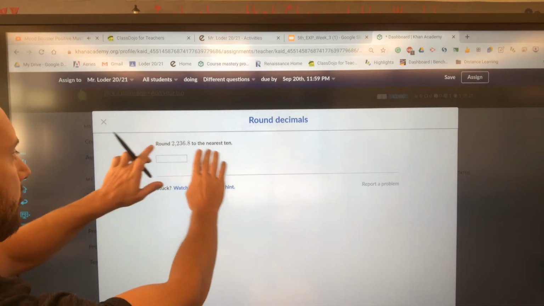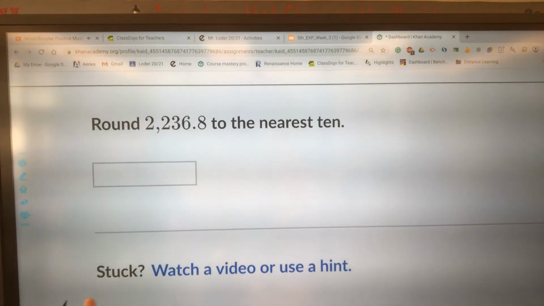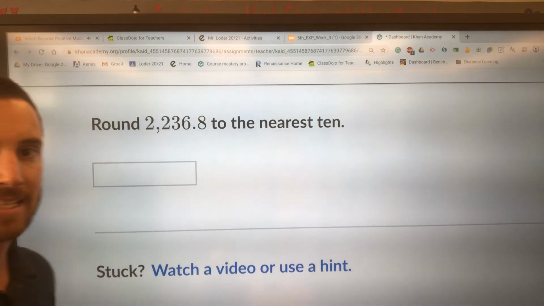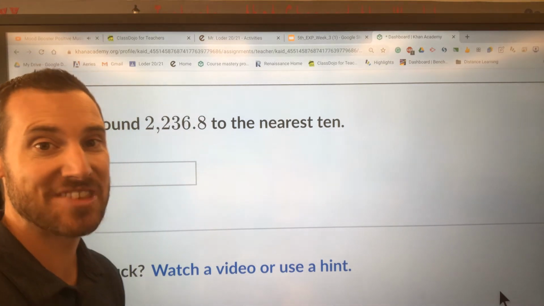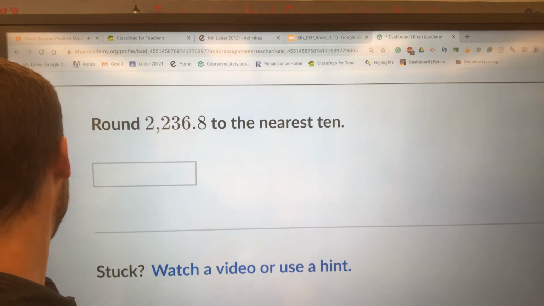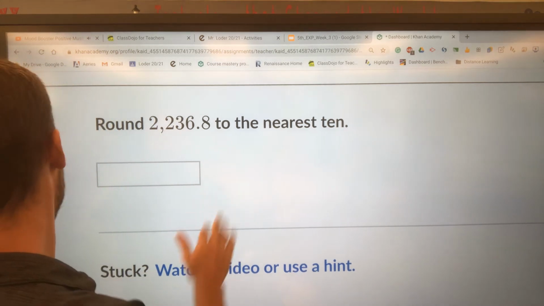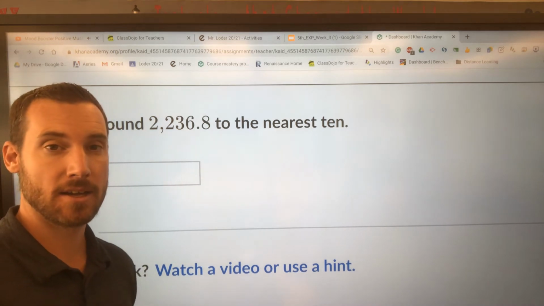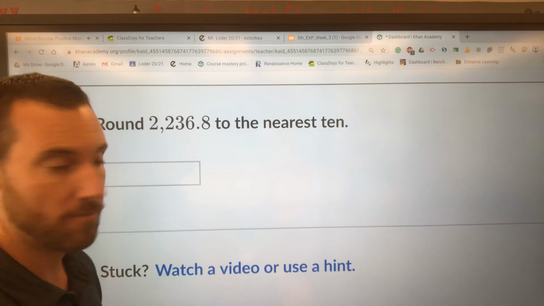Okay, so it says nearest tens. You notice that it doesn't say tenths with a th at the end. It says tens. So let's go ahead and underline. And at home, I want you writing these down and underlining them with me.